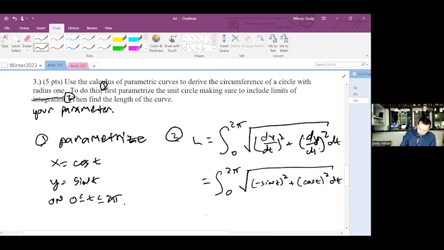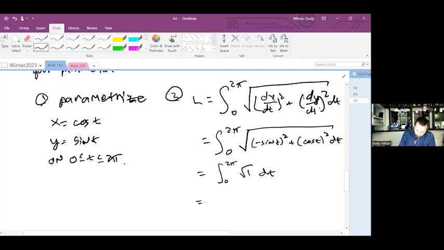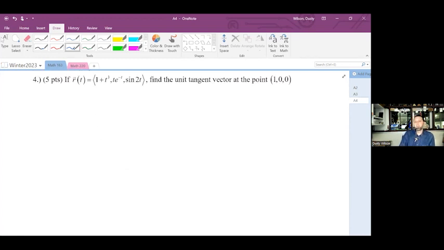The square is going to kill the negative, so this is going to be the integral from 0 to 2 pi of the square root of 1 dt. Square root of 1 is 1, and so we have the integral from 0 to 2 pi of 1 dt, which is just simply 2 pi. Woohoo! We have verified the circumference of a circle with radius 1. Could have put an r in front and verified that the circumference of a circle with radius r is 2 pi r.